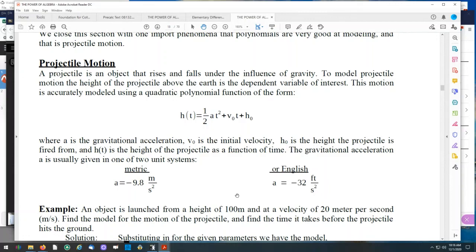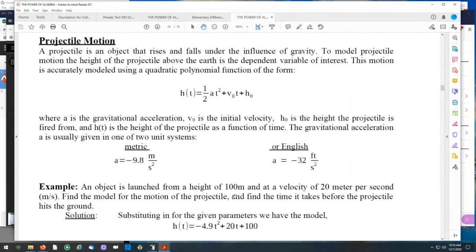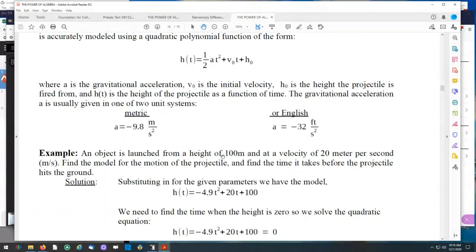So let's take a look at a particular model. An object is launched from a height of 100 meters at a velocity of 20 meters per second. Find the model for the motion of the projectile and find the time it takes before the projectile hits the ground.